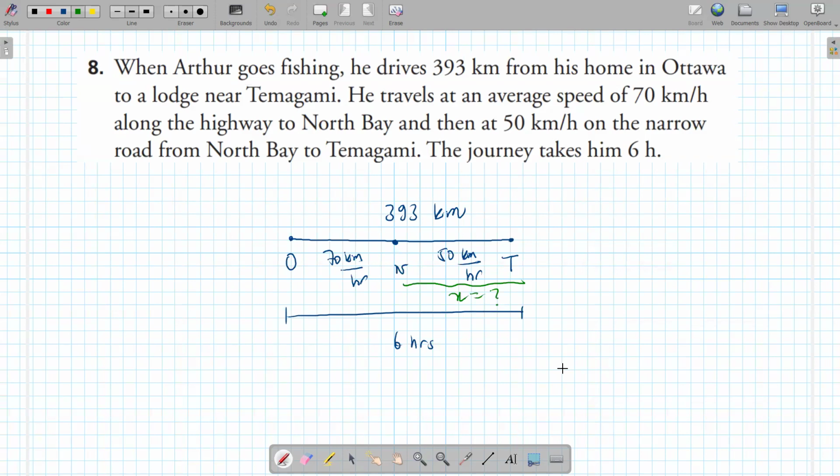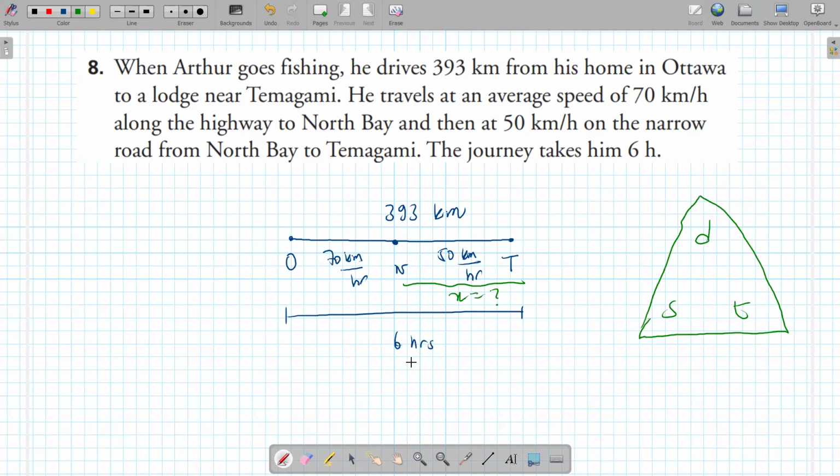Cool. We did a question like this just earlier. Do you remember how we set it up? So again, this is the holy trinity of distance, speed, and time.